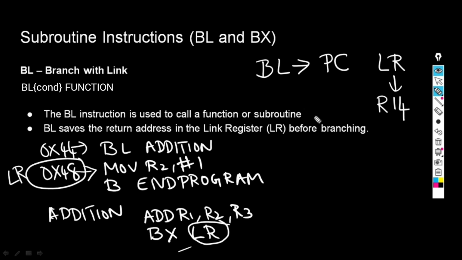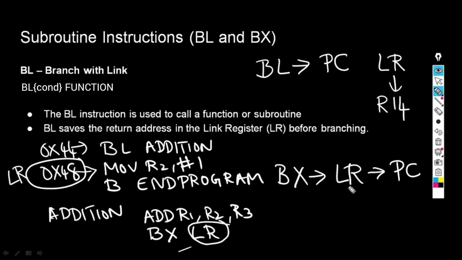So what happens in BX or branch and exchange? What BX does is it will load whatever content is stored in LR into PC or program counter. That is the first thing that it will do.